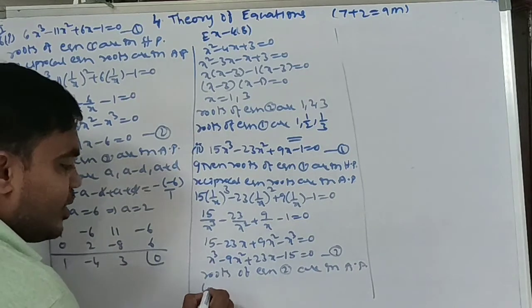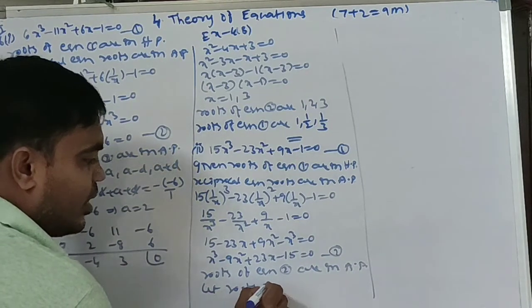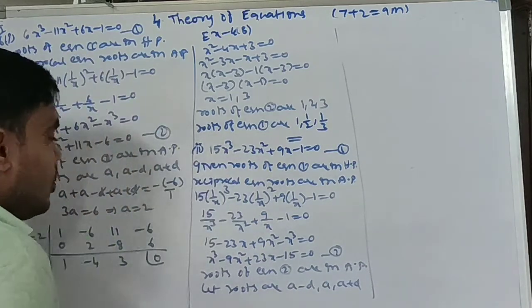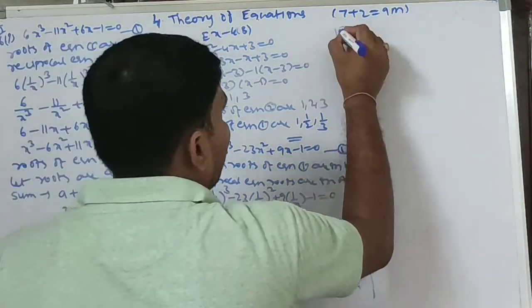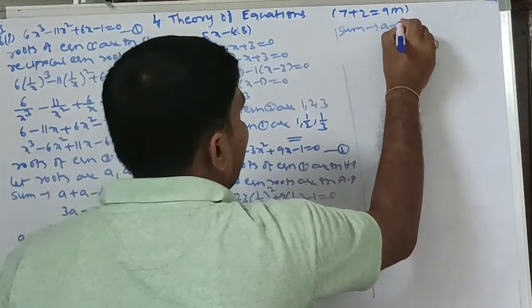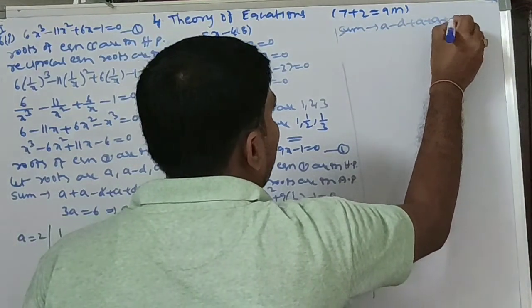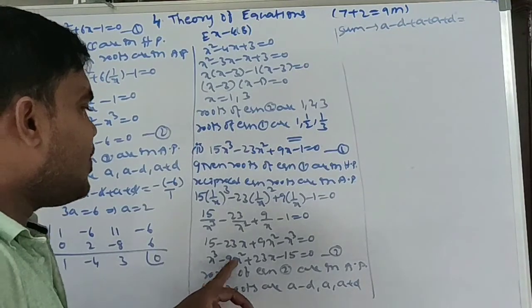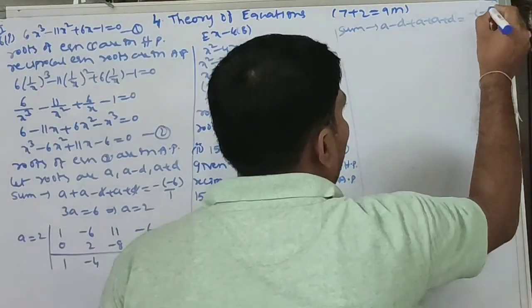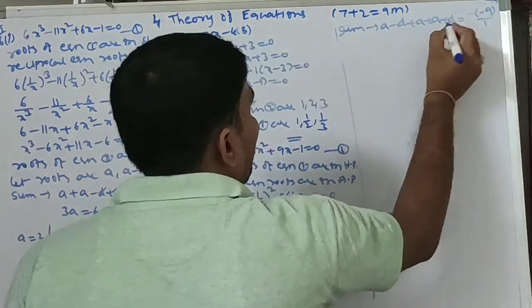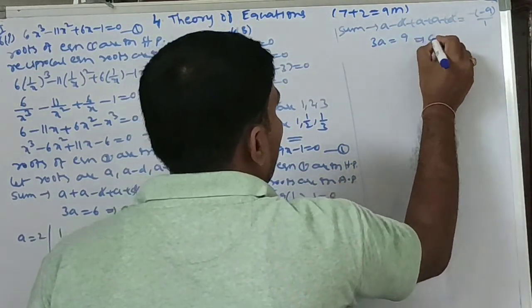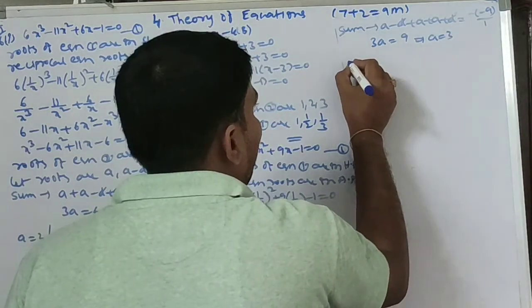So let the roots be A minus D, A, A plus D. Taking the sum: A minus D plus A plus D equal to minus of minus 9 by 1. D cancels, 3A equal to 9, A equal to 3. So we got one root, A equal to 3.